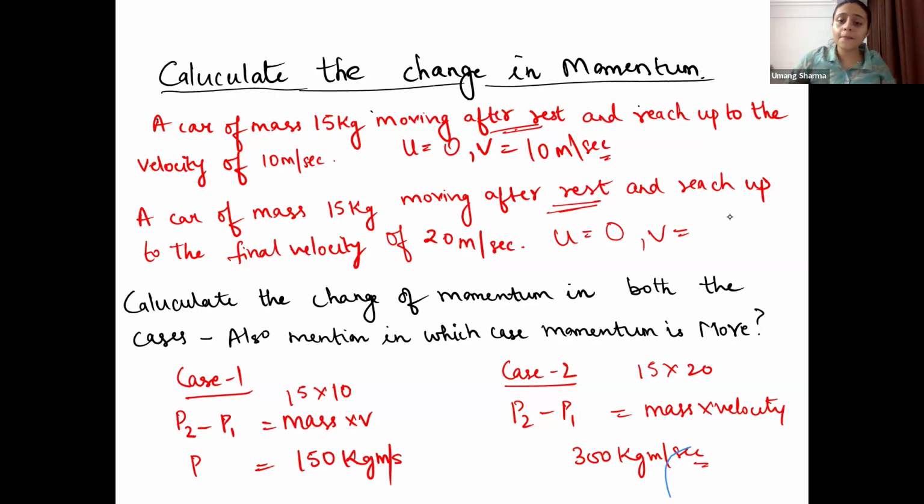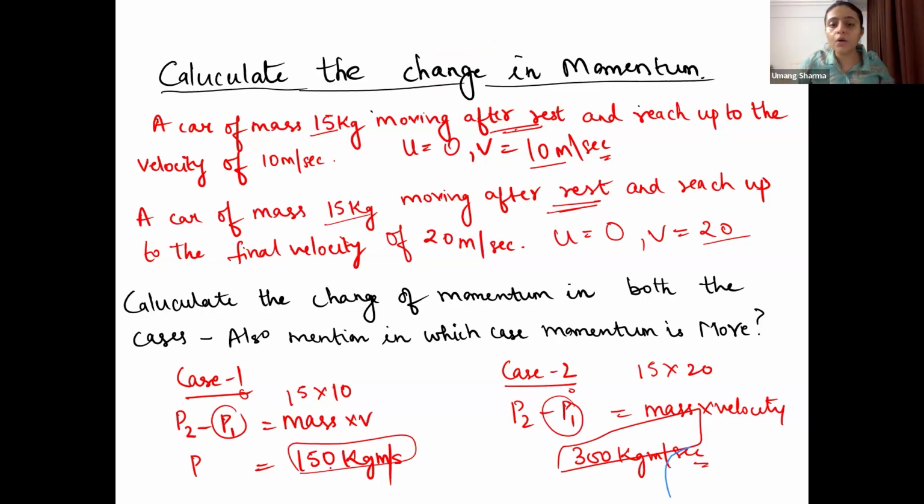Yeah. So Maggie, the initial momentum for both of them is 0. We are calculating from the final momentum. So we will consider only this 10 and mass is 15 kg. Here also 20 and mass is 15 kg. So we have calculated the same. P1 is already 0 because U is 0. Here also. So we got this one. Hope you got it now, Maggie.